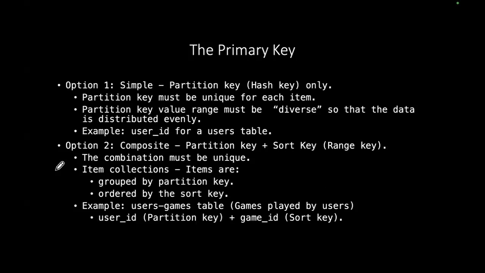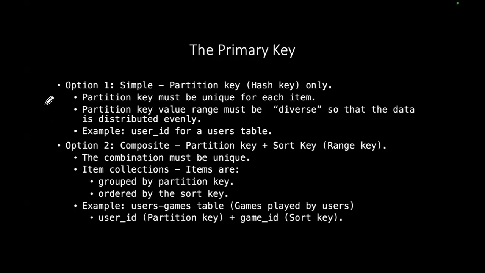Now, the primary key part of DynamoDB has some nuances to it that it's good to know, I suppose, rather than it being essential. It's not essential in our case because this module is not all about databases, but we do need to know about these things anyway. So for the primary key, there are two possibilities.